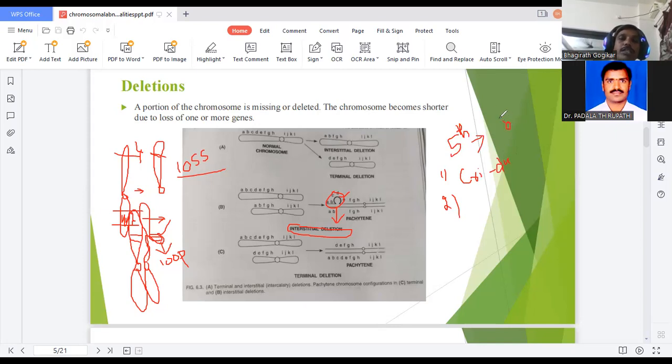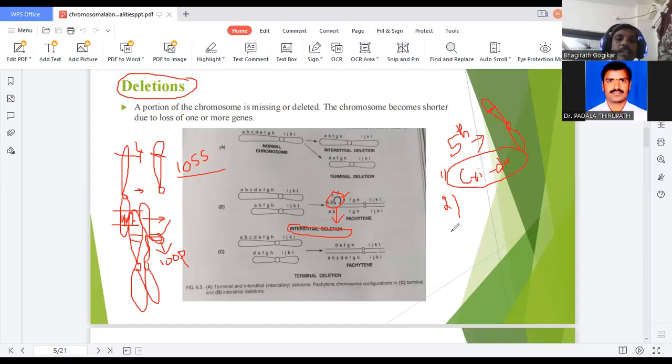Due to this part missing in the 5th chromosome, the person shows a genetic disorder called Cri-du-chat syndrome. They cry like a cat, so it is the cat cry syndrome. The infants cry like a cat. We see this type of syndrome as a result of what? Deletion.